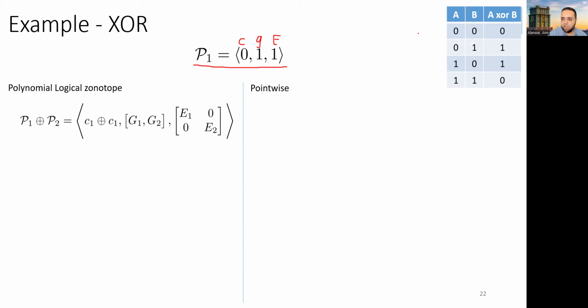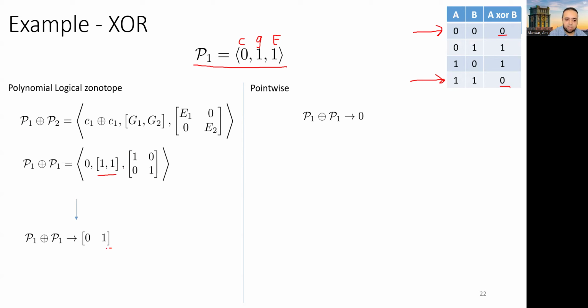If you look into the XOR table, anything XORed with itself should lead to 0. However, if we apply the Minkowski XOR, B1 XORed with B2, we will have G1 concatenated with itself and the exponent matrix 1, 1, which will lead to 0, 1 points. However, B1 XORed with B1 should lead to 0 only.